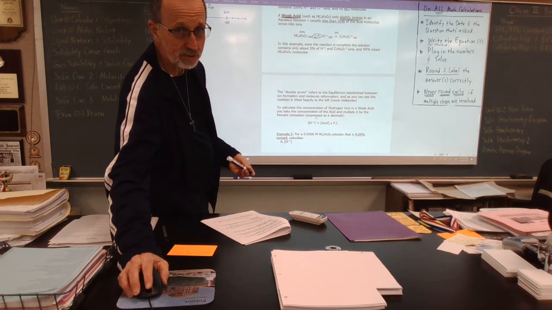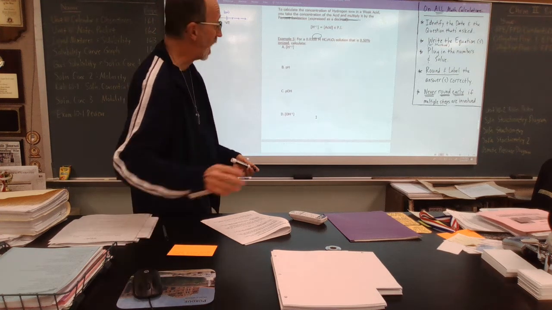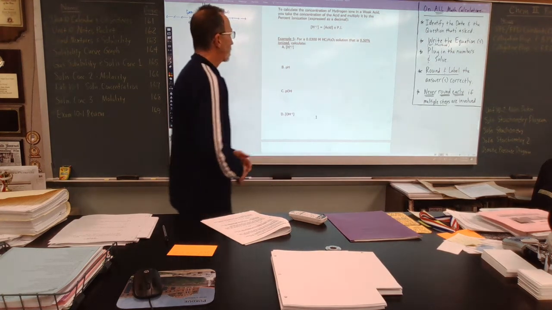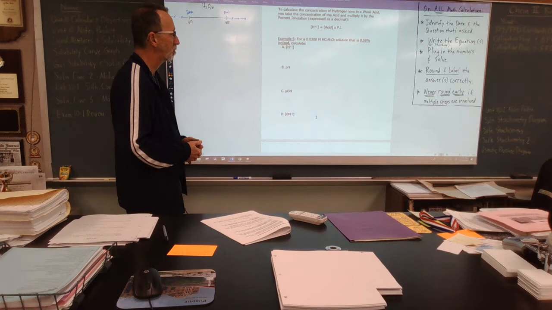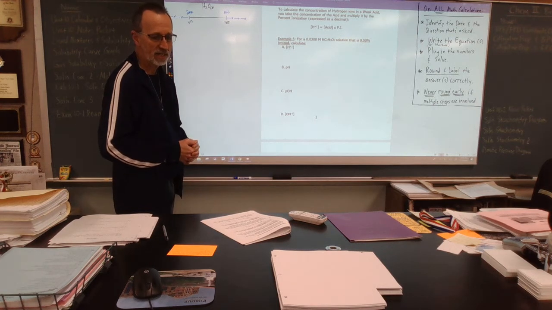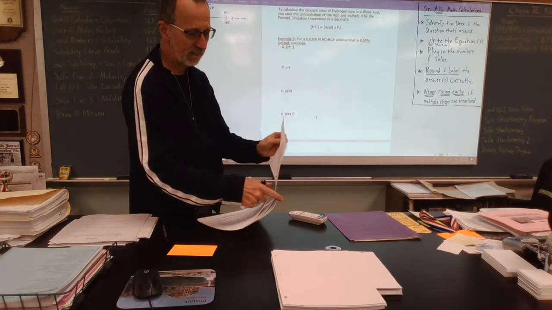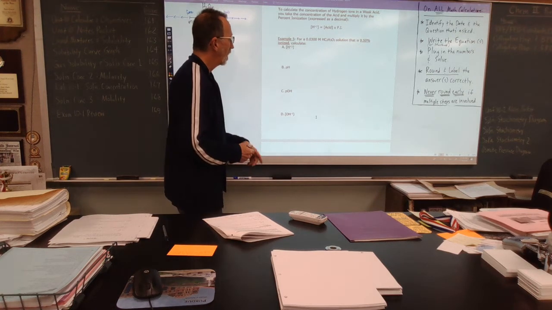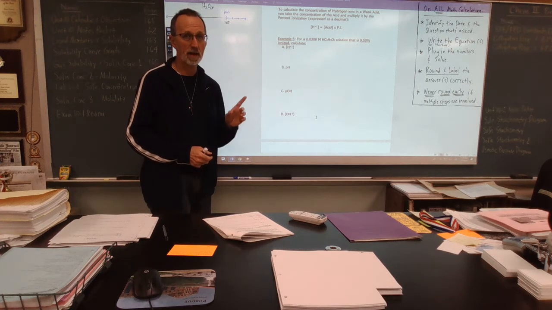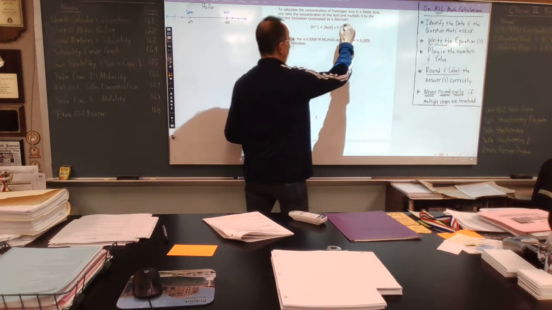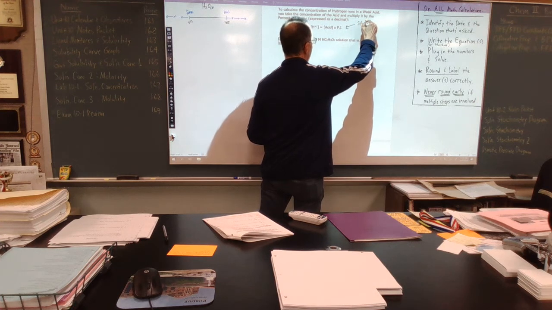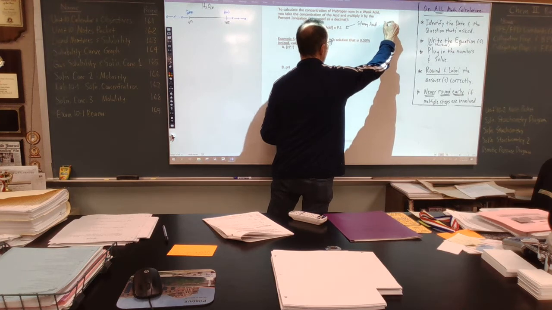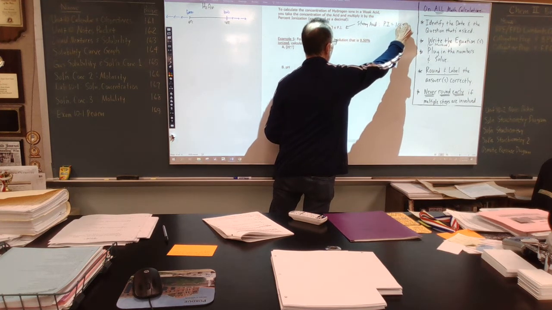Okay, so to calculate the concentration of hydrogen ions in a weak acid, we take the concentration of the acid and multiply it by the percent ionization, expressed as a decimal. All right? So if it's a strong acid, remember, the percent ionization is 100%.